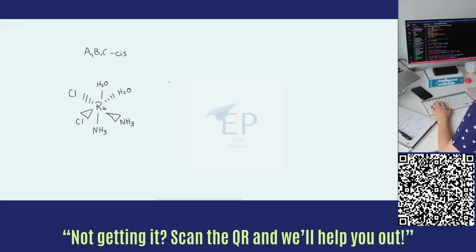Now, in this case, we do have an optical isomer. If we throw out our mirror image, the poles stay the same.